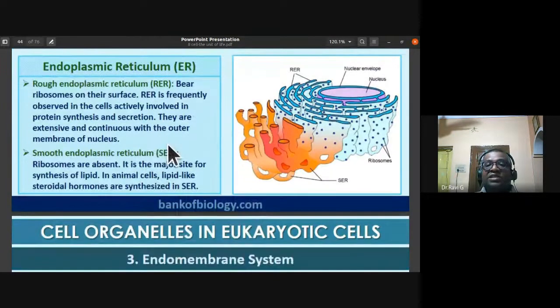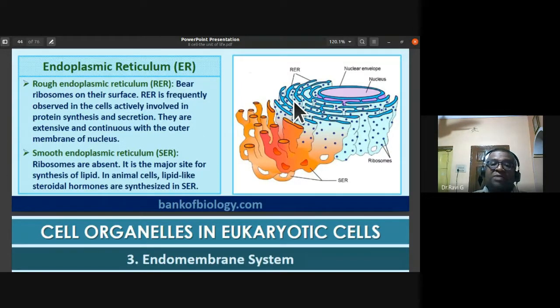They are extensive and continuous with the outer membrane of the nucleus, that is the nuclear envelope. The rough endoplasmic reticulum has a large number of ribosomes on its surface. You know that ribosomes are the protein factories of the cell; they help in protein synthesis.